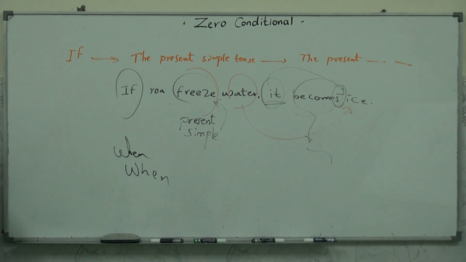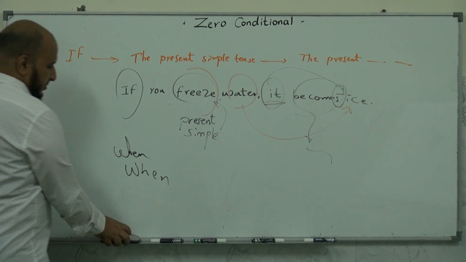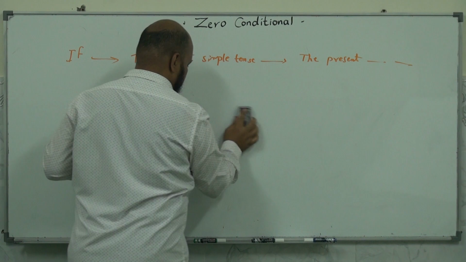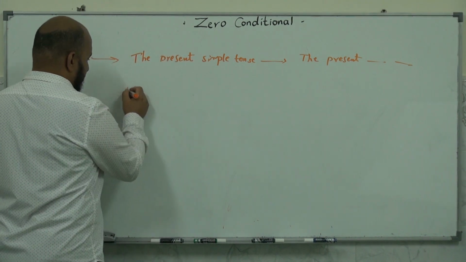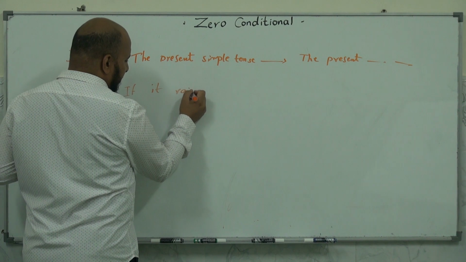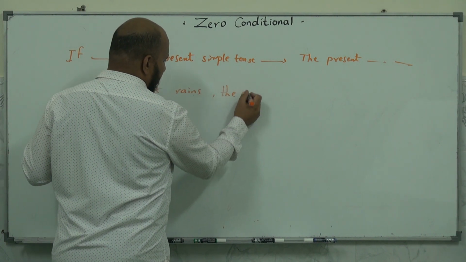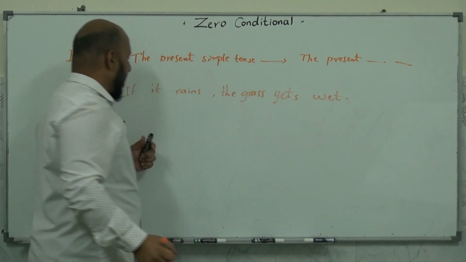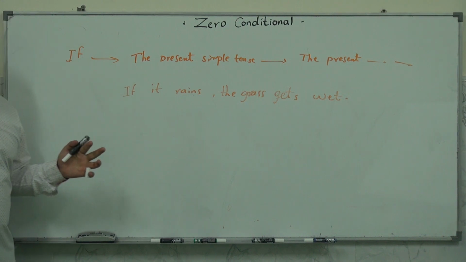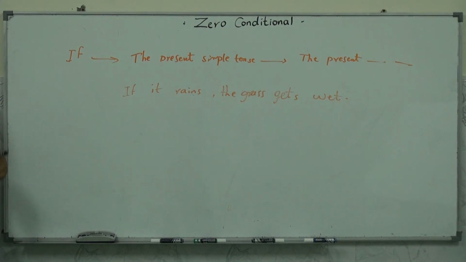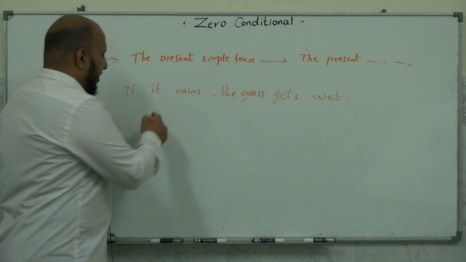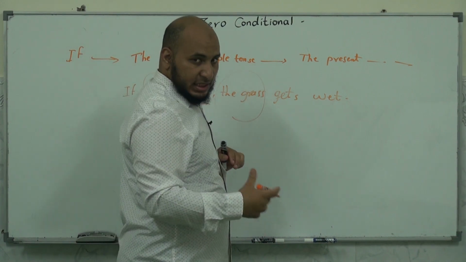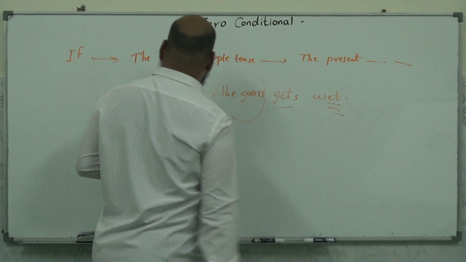You can write another one. If it rains, the grass gets wet. Okay? If it rains, the grass gets what? Gets wet. The sky rains to give water. The grass, plants, and so on get wet.